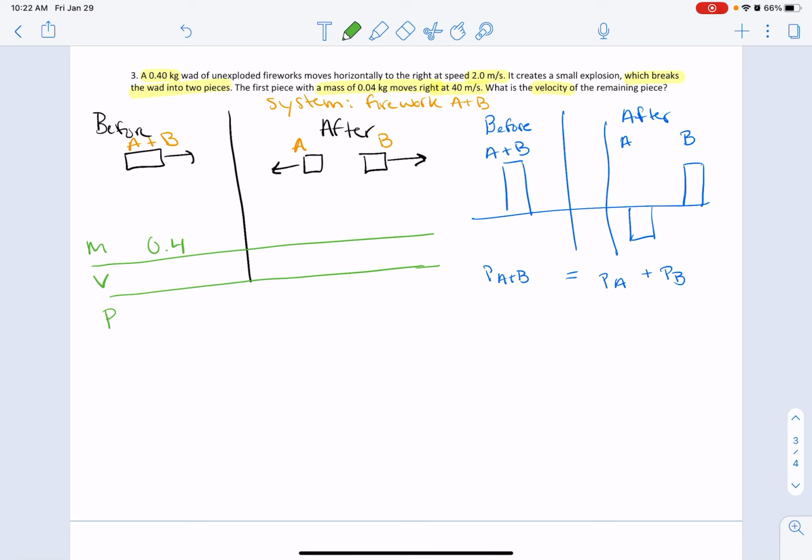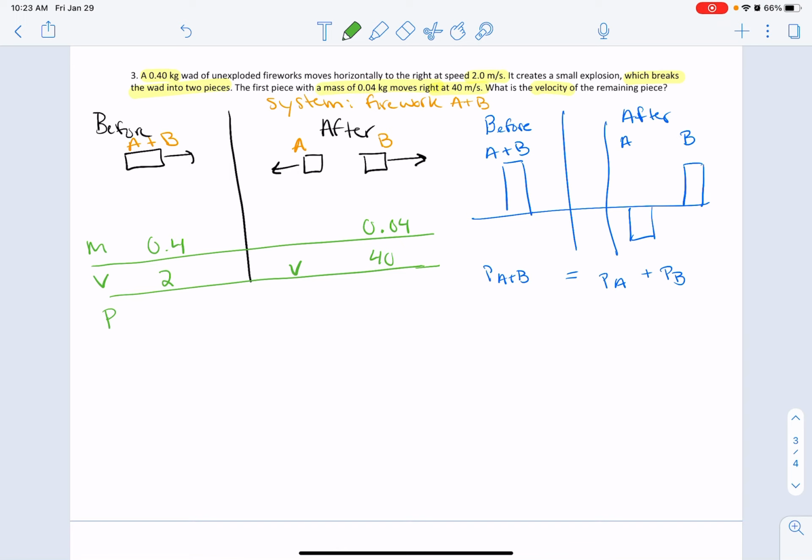And we know the original velocity is 2 meters per second. Then the mass of B, which is the one moving to the right, so this is 40 meters per second, and it's 0.04 kilograms. And we don't know the velocity of A, but we can figure out the mass of A.